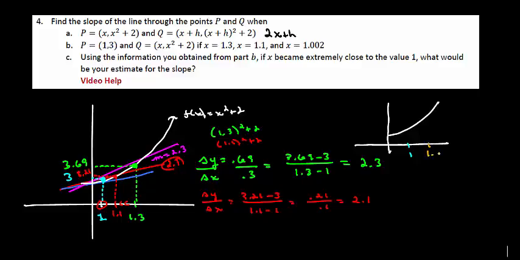Here's the value 1.002. And so they each have corresponding heights. If I plug 1 into this function right here, I get a height of 3 out. And if I plug in 1.002, I get 3.004.